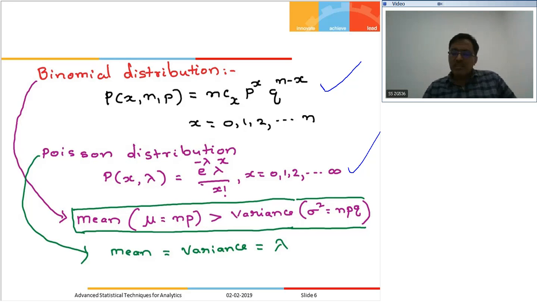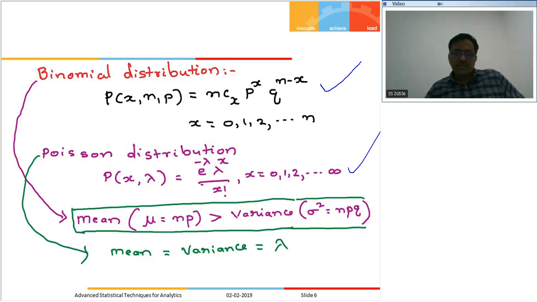Then we'll get into the next level. This is one of the preliminary conditions which helps us look into the suitable distribution we can fit to the data we have.